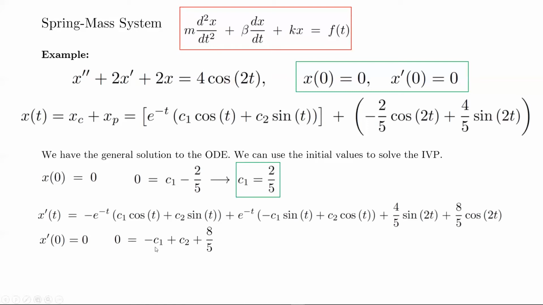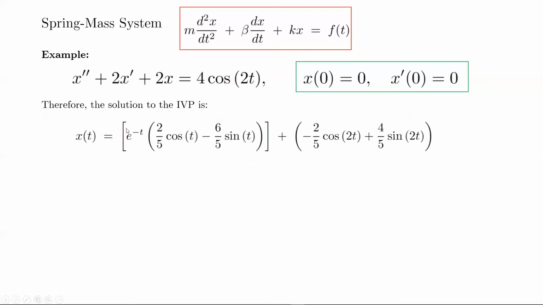Okay, we already know that c1 is 2/5, so we can solve that equation and find that c2 is equal to negative 6/5. We can then use c1 and c2 in the general solution to the ODE to find the solution to the initial value problem, like so.